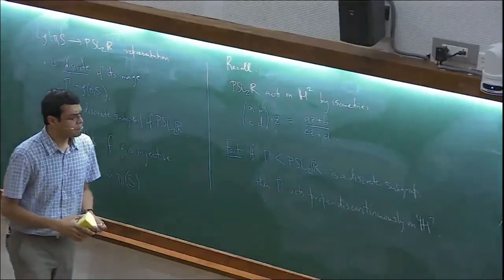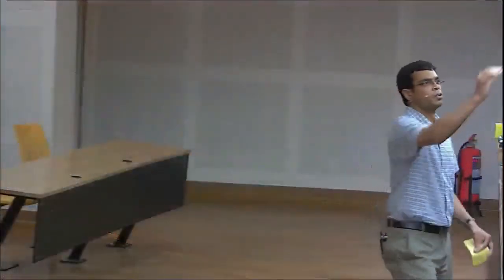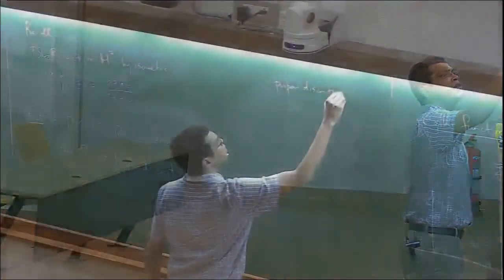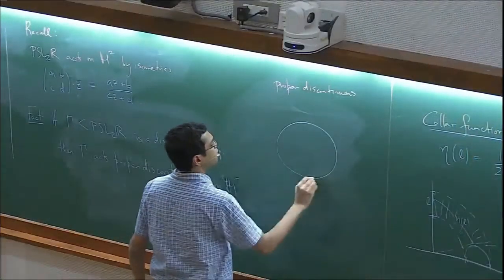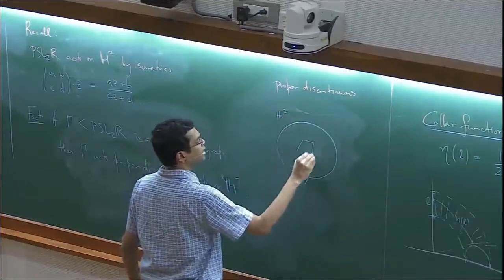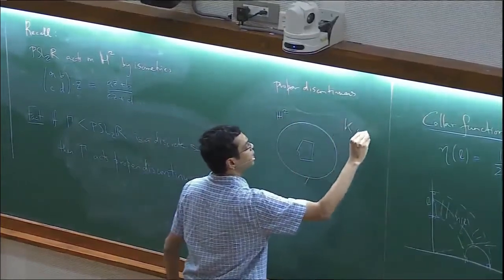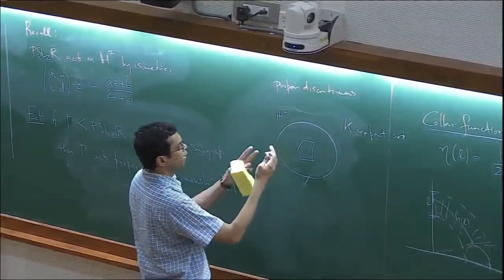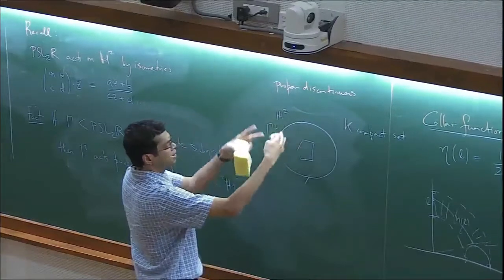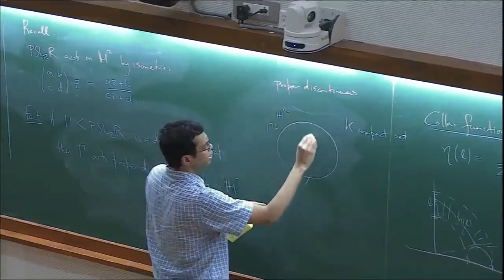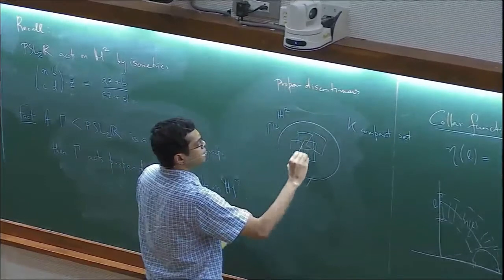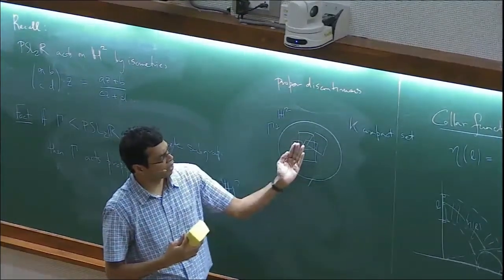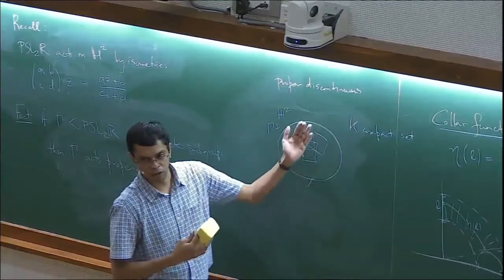Okay, and you already know what properly discontinuous means. A properly discontinuous action means that if you take, here's our H2, any compact set K in H2, then this group acts here and moves this compact set to various places, but there are only going to be finitely many elements which move the compact set onto itself or overlapping with itself.